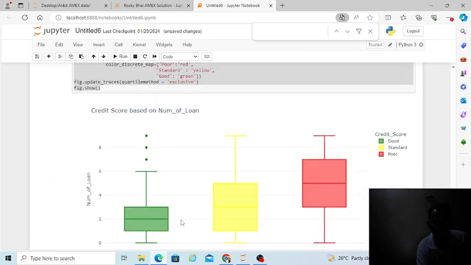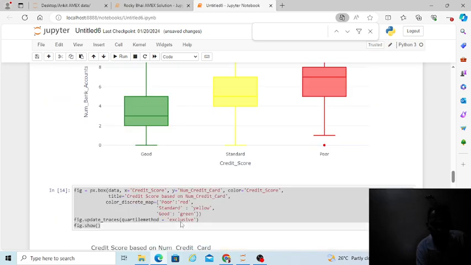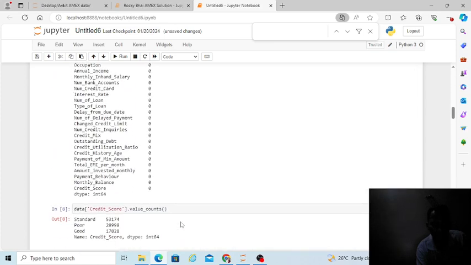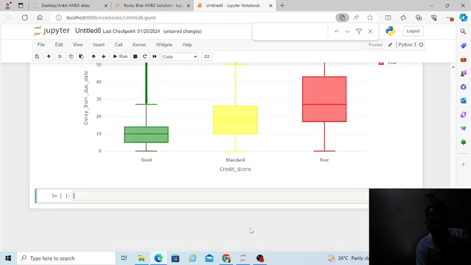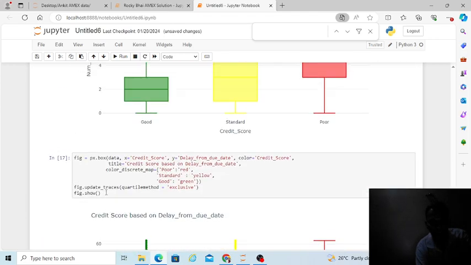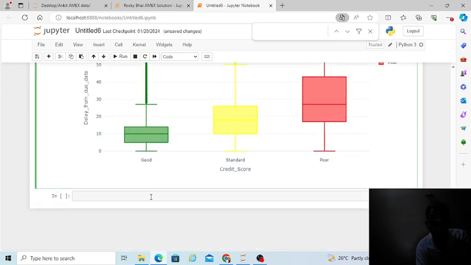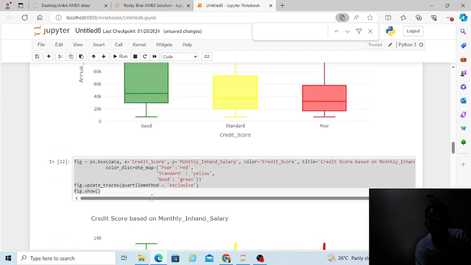Okay, now we will check this for number of delayed payments, because number of delayed payments also gives us insight about the credit worthiness of a person. So for this we will go up.